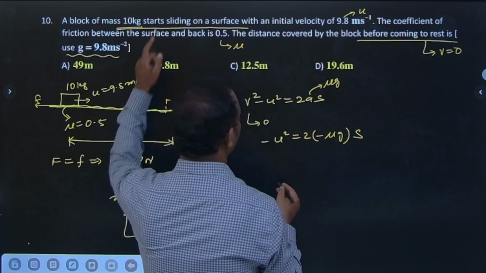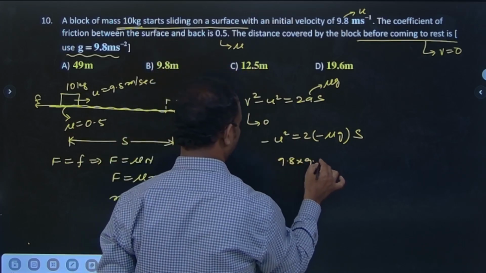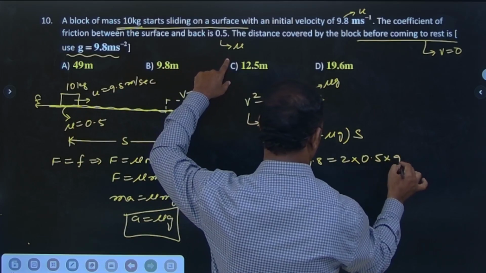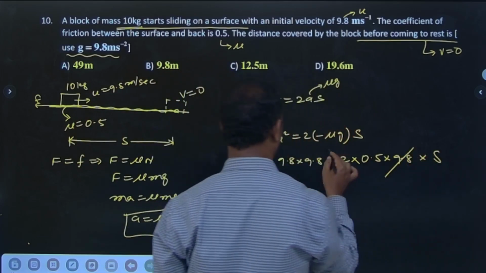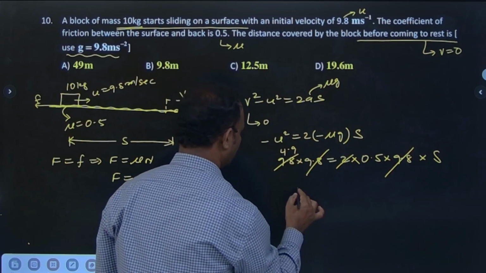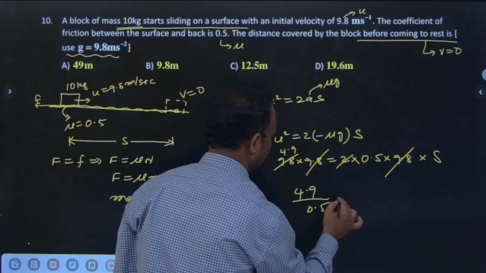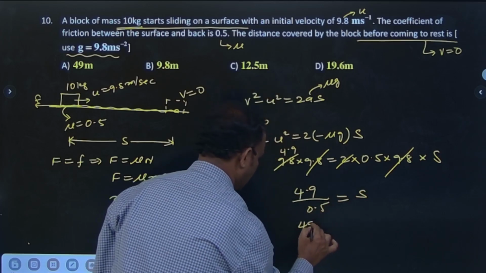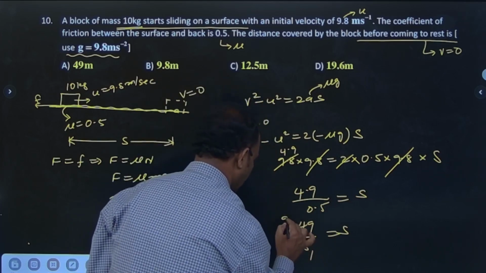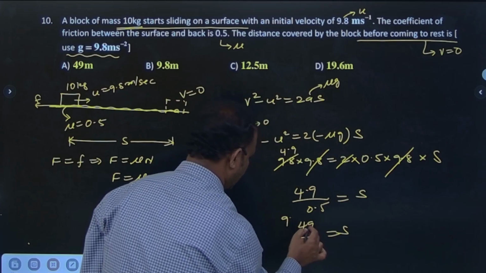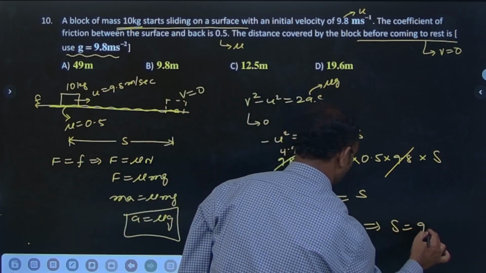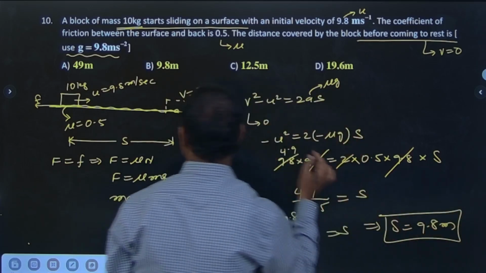The minus cancels, and u is given: 9.8 into 9.8 is equal to 2 into 0.5 into 9.8 into S. 9.8 and 9.8 cancel, so 2 into 4.9 is 9.8, and 4.9 divided by 0.5 is S. So 49 by 5 is equal to S. 5 ones are 5, 9 fives are 45, and 40 means 8. So S is equal to 9.8 meter. Then option B is correct.